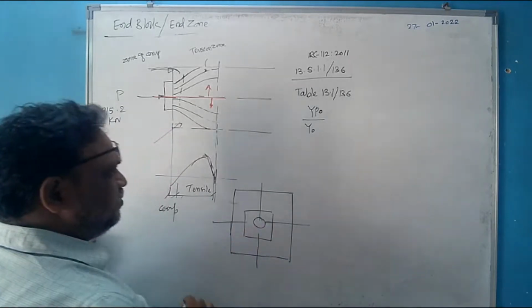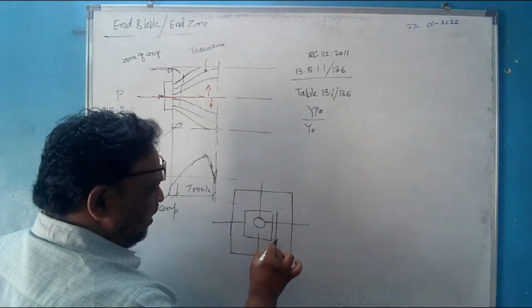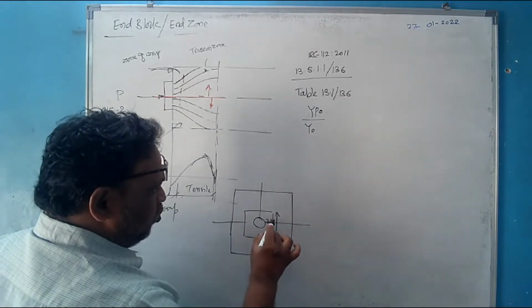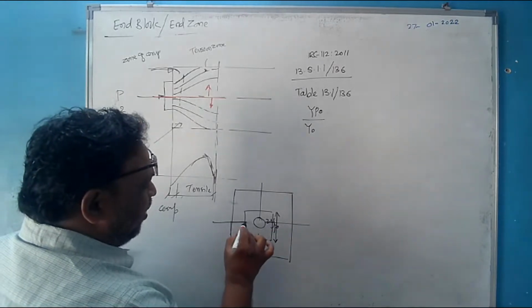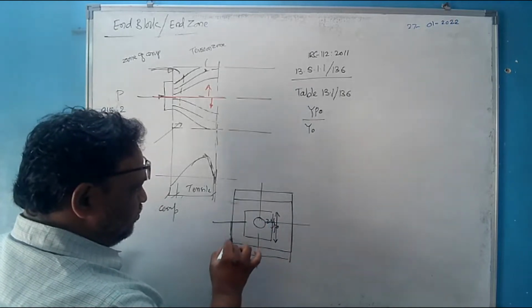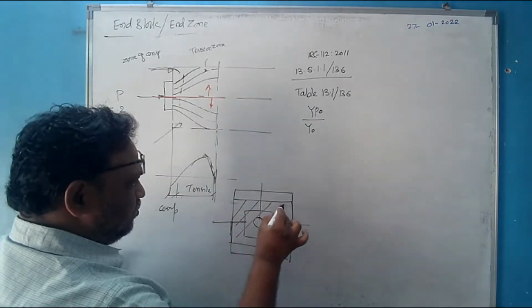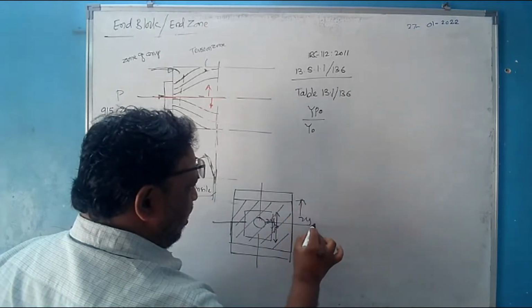Here is the cable. Whatever is the dimension of this plate, it is 2 yp naught. और ये जो हमारा बेरिंग एरिया है, this was the bearing area. This is nothing but 2y naught.